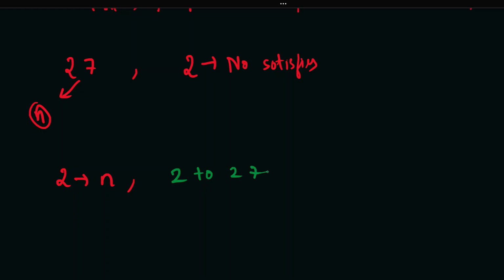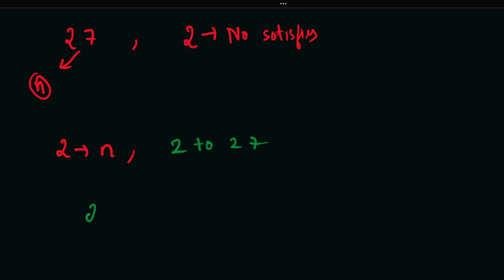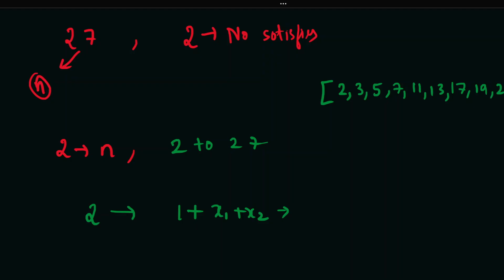Let's check. So can the number 2 be represented as 1 plus x1 plus x2? Can it be represented? So let's write down the primes here. 2, 3, 5, 7, 11, 13, 17, 19, 23. 27 is not a prime.